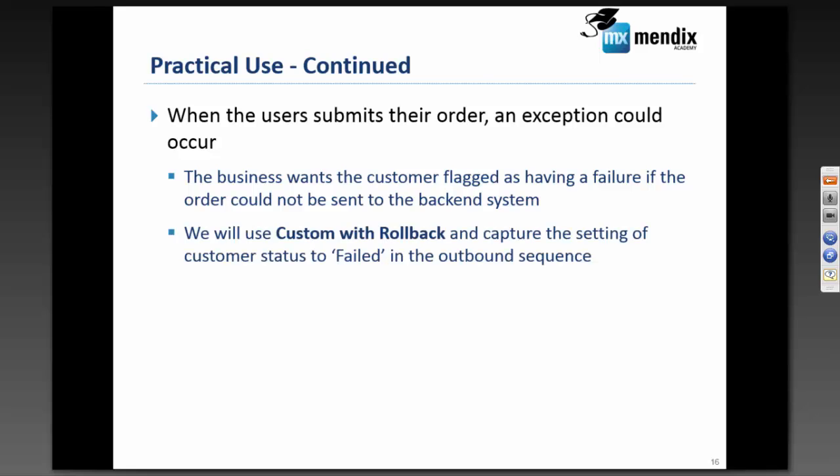What I'll want to do here is use custom with rollback so I can capture the issue as it happens and then set my status to failed on the actual customer themselves.